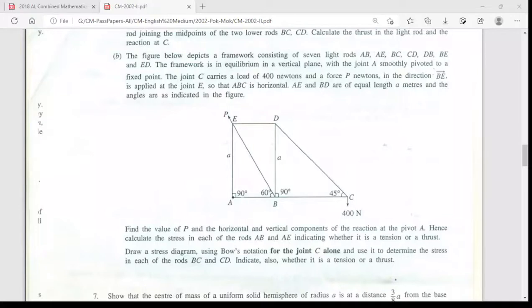Now thereafter you have to draw the stress diagram using Bow's notation for the joint C, right? Thereafter you have to find stresses of BC and CD only.